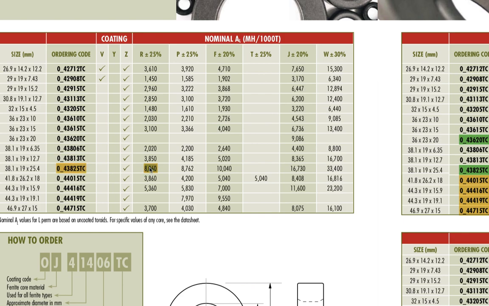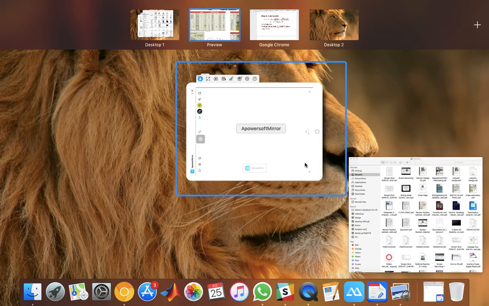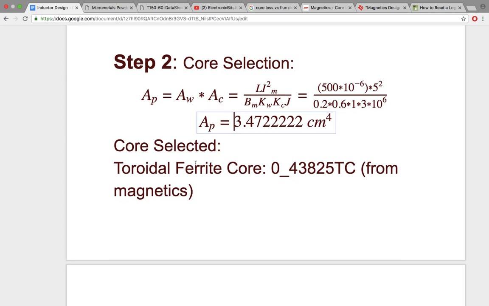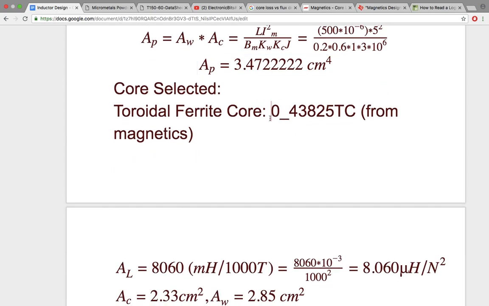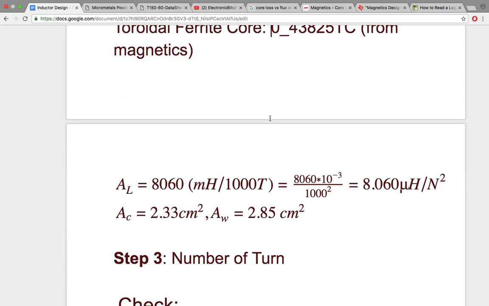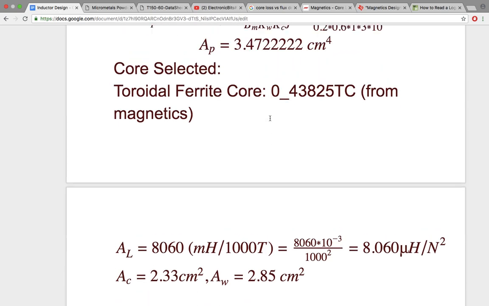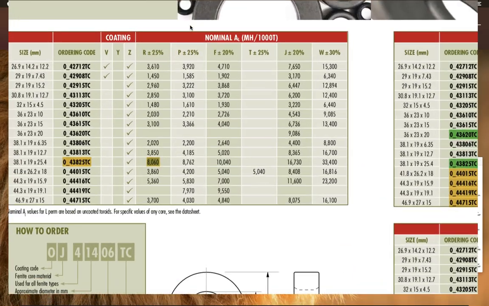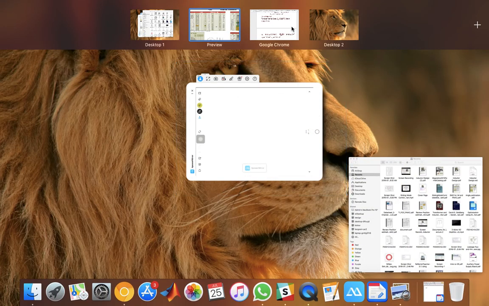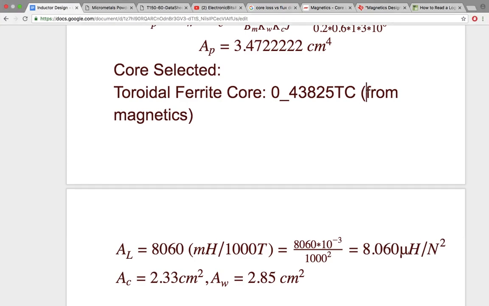I have chosen R because the AL should be low, so I have chosen the least among all. The cross sectional area and all those things I have noted down here. This is the core selected. You can download its datasheet from Magnetics and cross check the values. It is R type material.